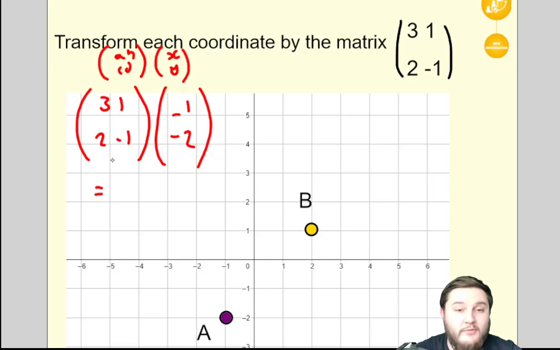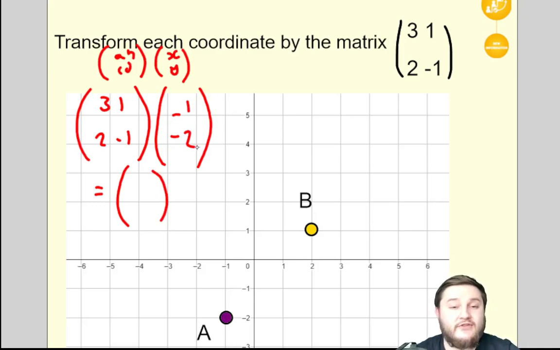Then you just perform your matrix multiplication, because this is a 2 by 2, this is a 2 by 1, so you're going to get another coordinate out the other side. 3 times negative 1 is negative 3, plus 1 times negative 2 is negative 2, so that's going to be negative 5 altogether. And then 2 times negative 1 is negative 2, negative 1 times negative 2 is positive 2, so that's going to give you 0.